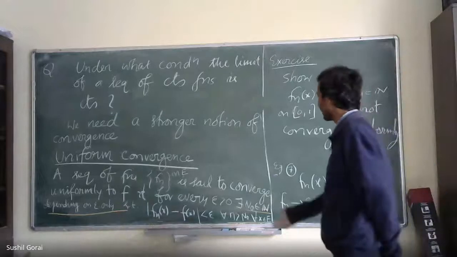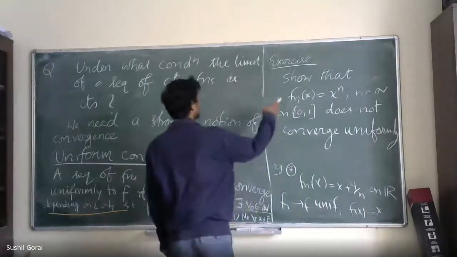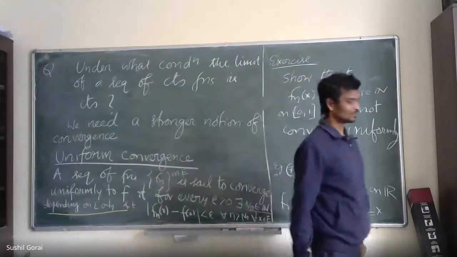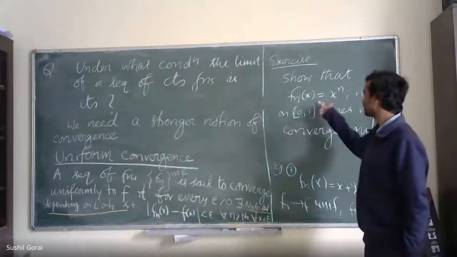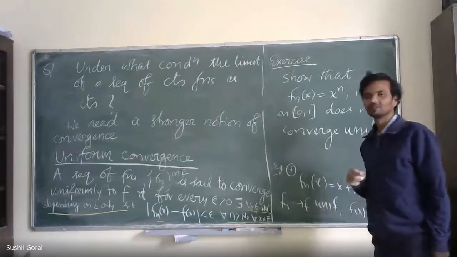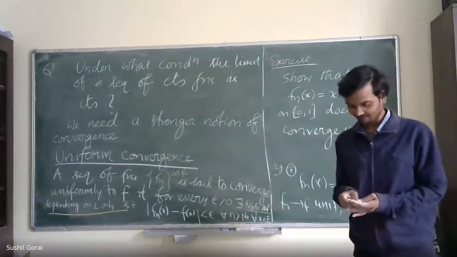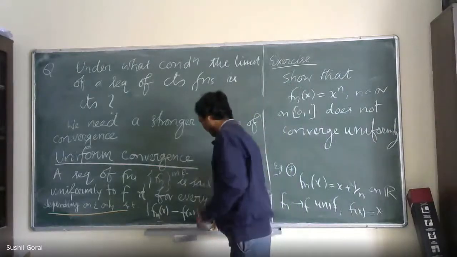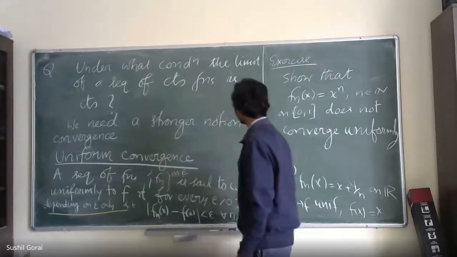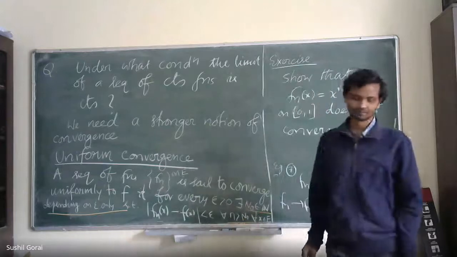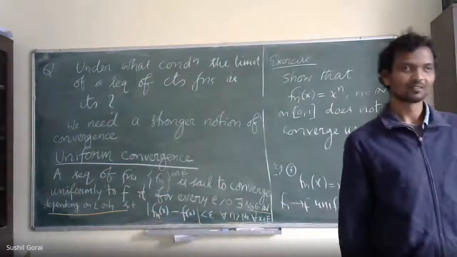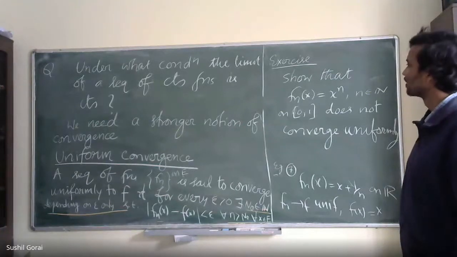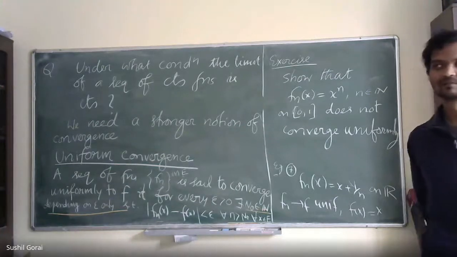So get the negation of it, and using that, show that the sequence f_n(x) equal to x to the power n does not converge uniformly. This will be part of the assignment, which will be uploaded by this weekend. If you have any question.